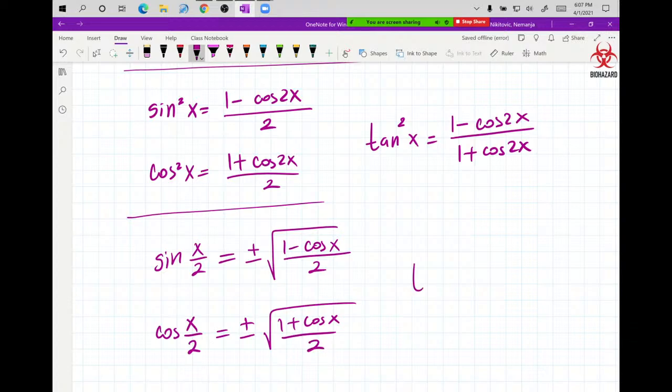And finally, tangent of half angle is going to be plus minus square root of sine divided by cosine. There we go. That's 9 formulas. And all of them came from cosine double angle, which is amazing.